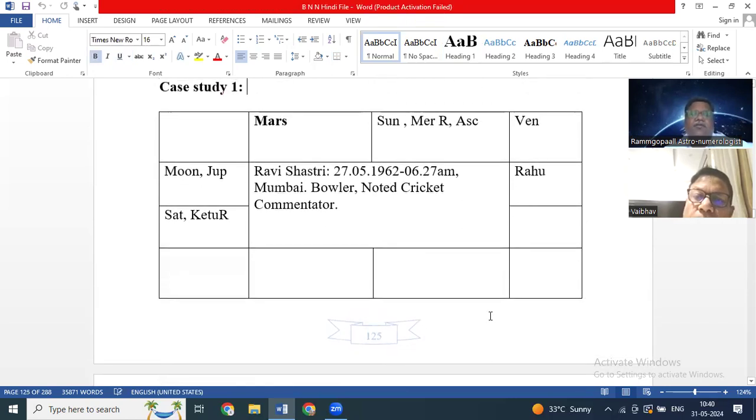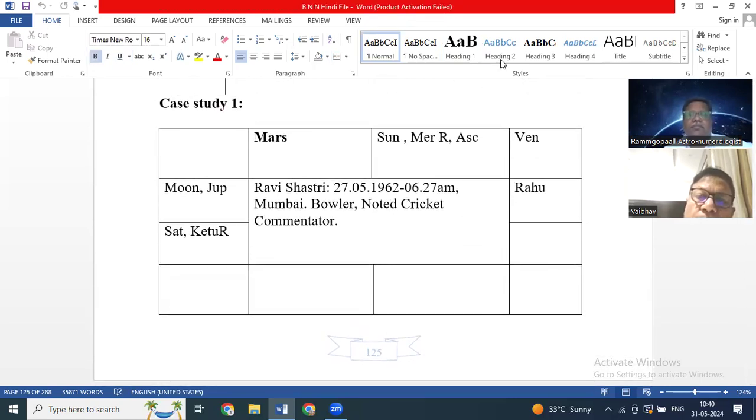Even the native, you see how retro planets will work. This is Ravi Shastri's horoscope. Saturn is here, not connected to Mars. Mars is generally a sports person, and this man is a sports person and a cricketer.